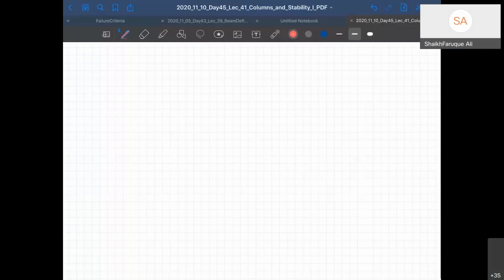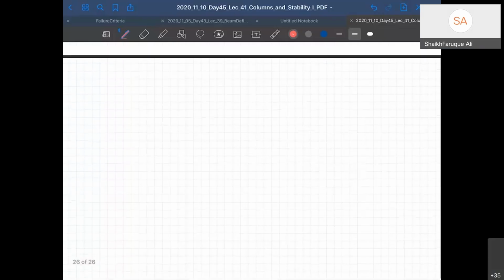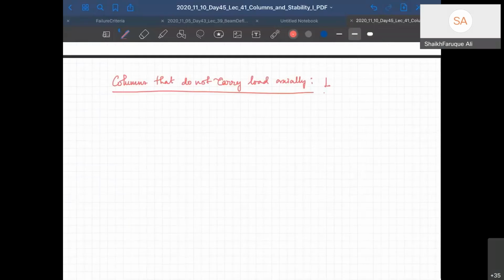Now we will look into columns that do not carry load axially. We call it an eccentric column.